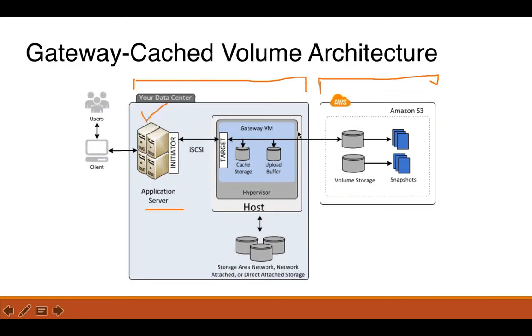This application server writes the data to these volumes that are mounted or backed up by the S3. These volumes are mounted as iSCSI devices to your application servers. So the application servers write the data to this storage in Amazon S3.